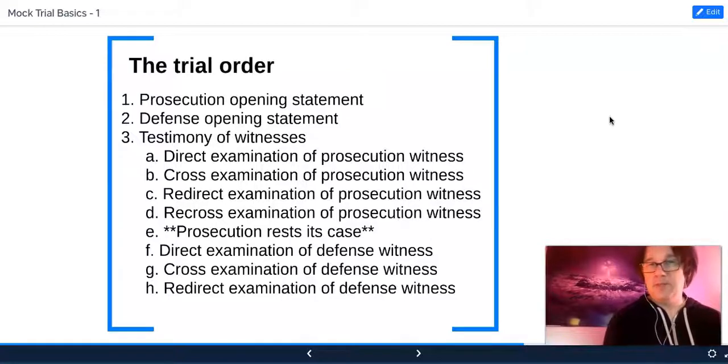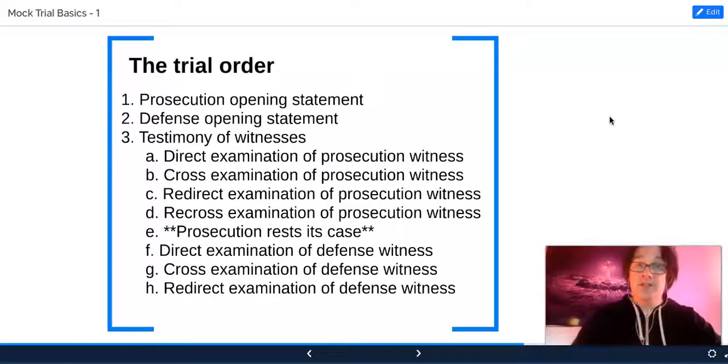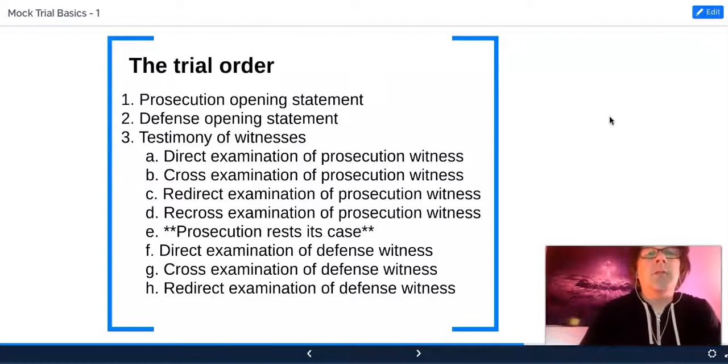So if something comes up during cross-examination, the prosecution might want to clarify something by asking a question or two of their witness, and if during that redirect some new information comes up, then the defense would have an opportunity for a recross examination of the prosecution witness.